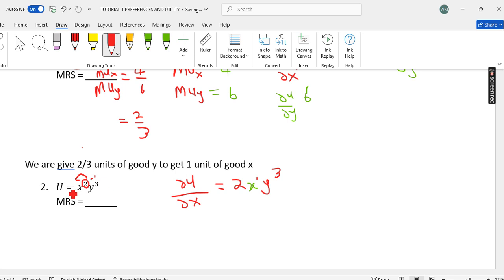Now we're going to derive with respect to y. Okay, so the rules change. This time x will stay as it is, as x squared. We'll derive y. So remember, exponent times the invisible number, 3 times 1, that is 3.